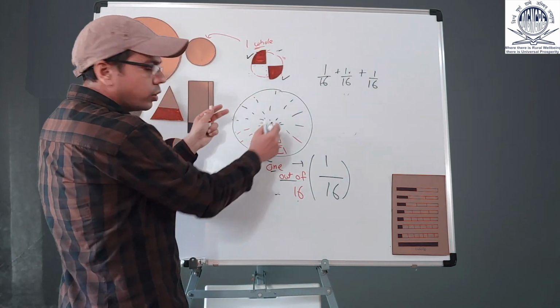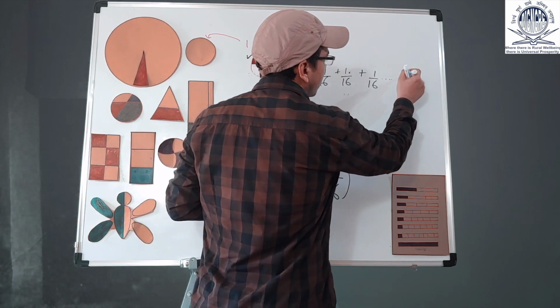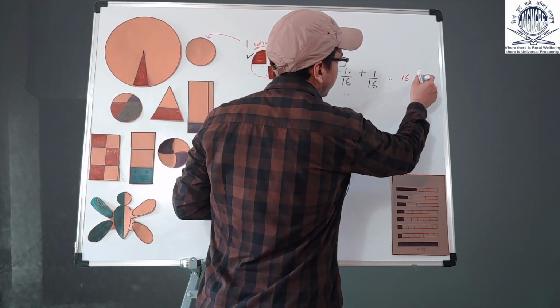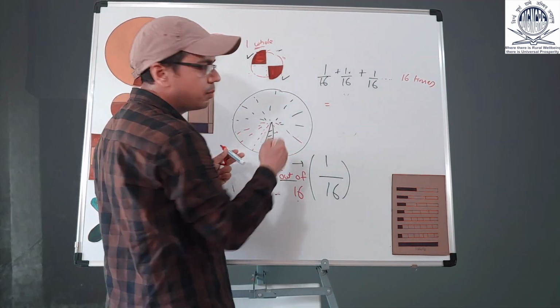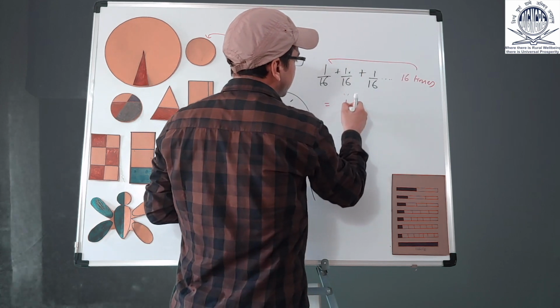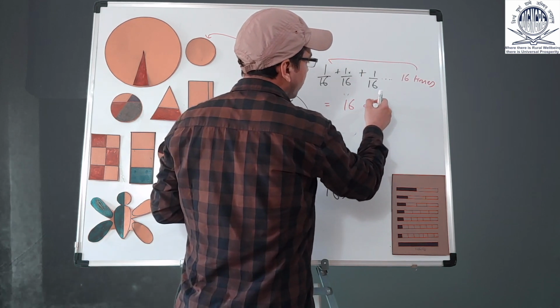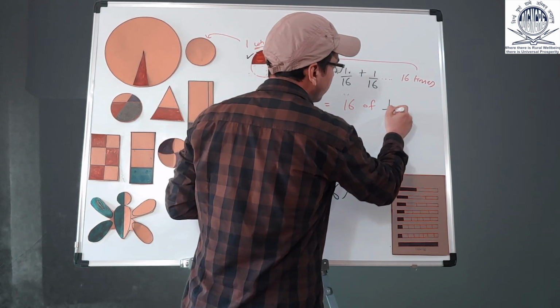And how many are total? I'm doing this 16 times, and this means that I can simply say the total number of times is 16 of what? 1 out of 16. So I write 16 of 1 out of 16.